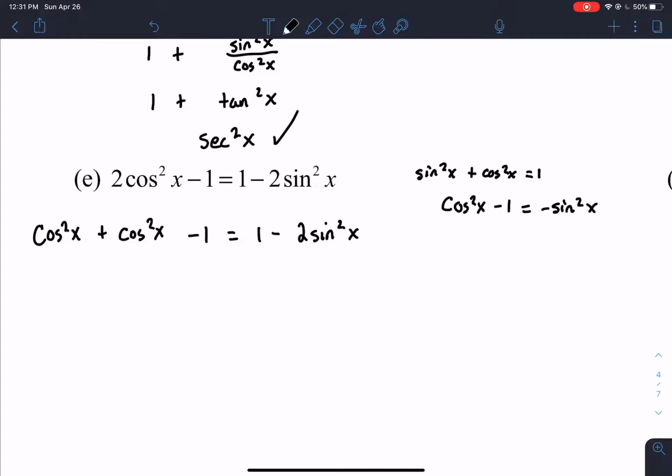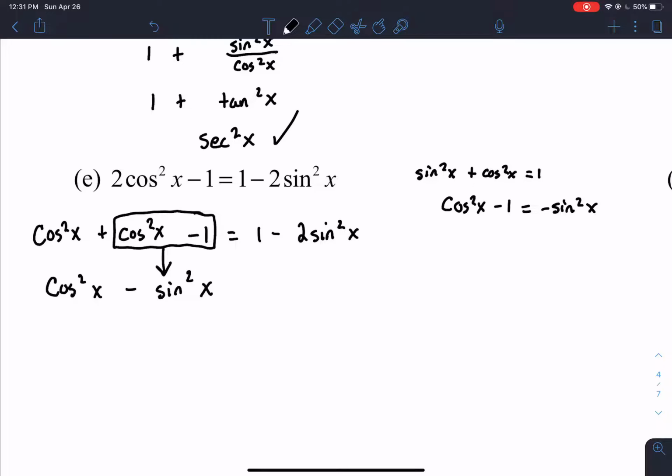Okay, so let's do that. So let's do cosine squared minus sine squared. Okay, so this part here, cosine squared minus 1, we changed it into negative sine squared.